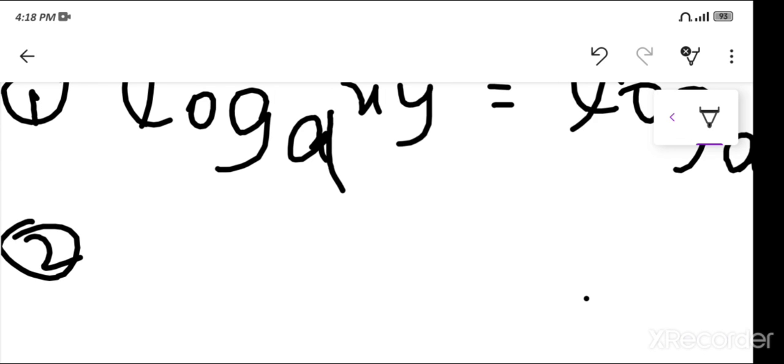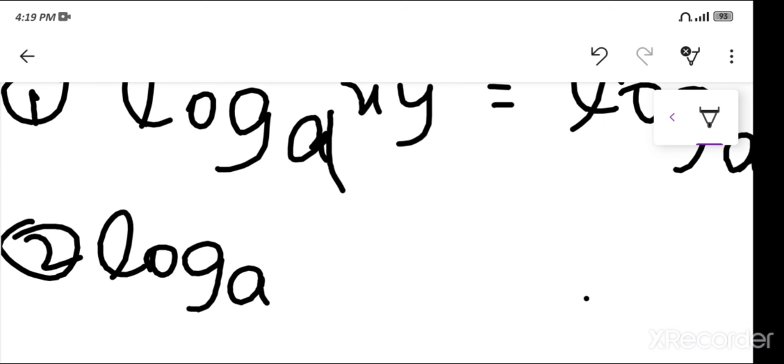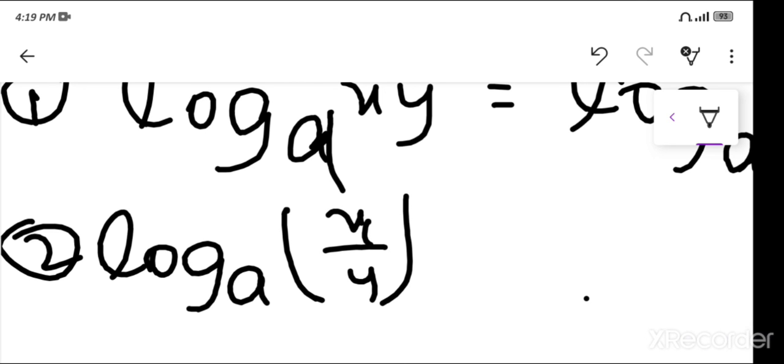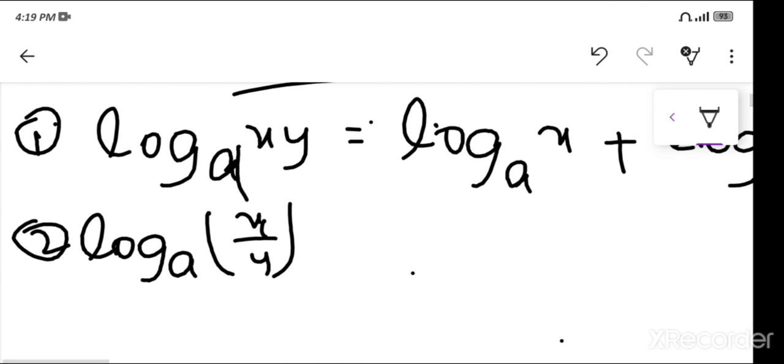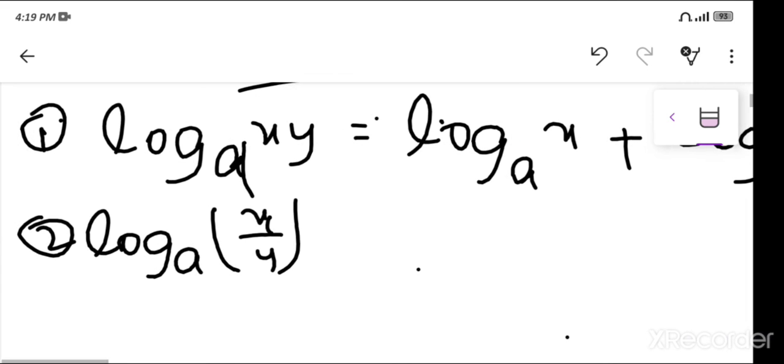Alright, the second formula. On page number 22 we have a theorem which is called the quotient rule, which gives you log of x by y to the base a. Let me write that a little bit neater.